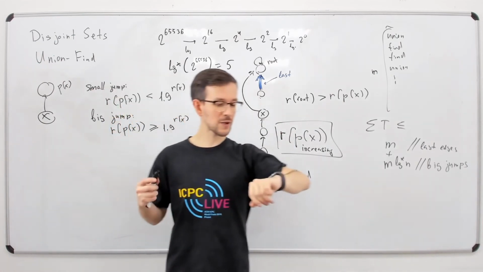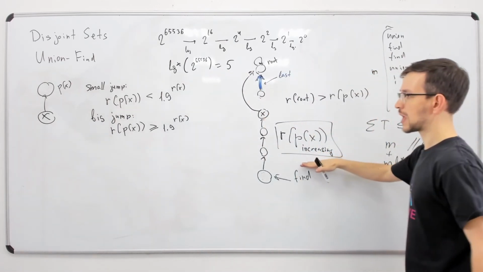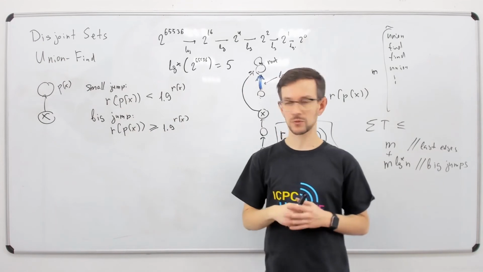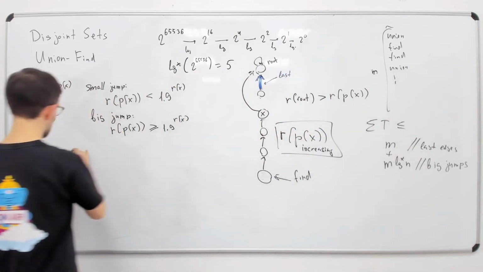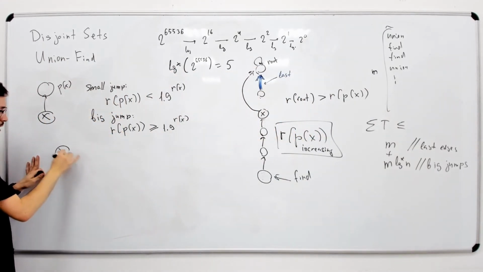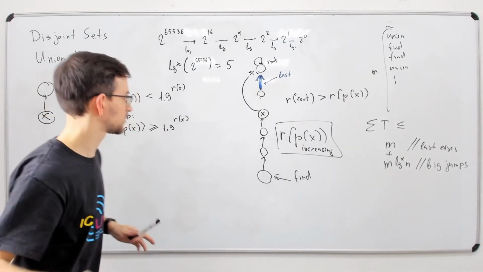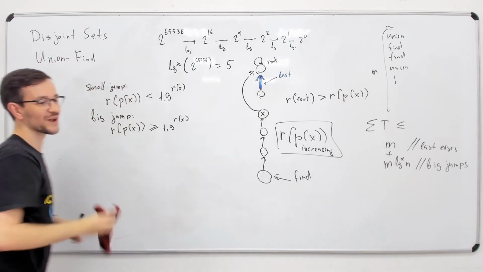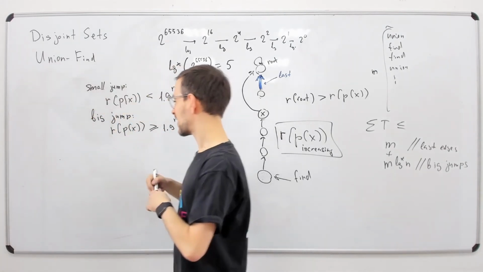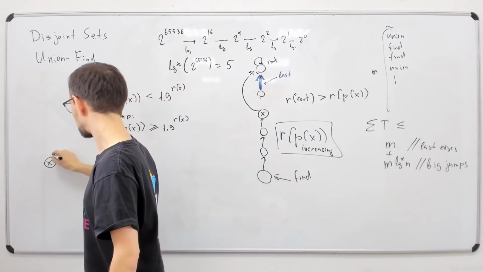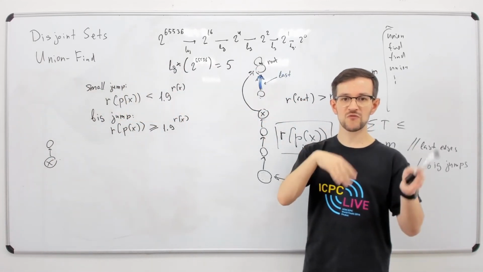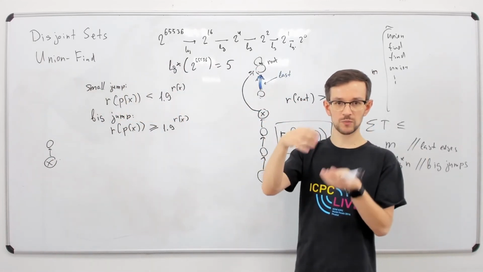Now, how many times can we increase this value until this x becomes a big jump? So let's take element x. Okay, let's make it slow. Again, what happens? You have element x. It has some pointers here. You have some find operations which access element x.